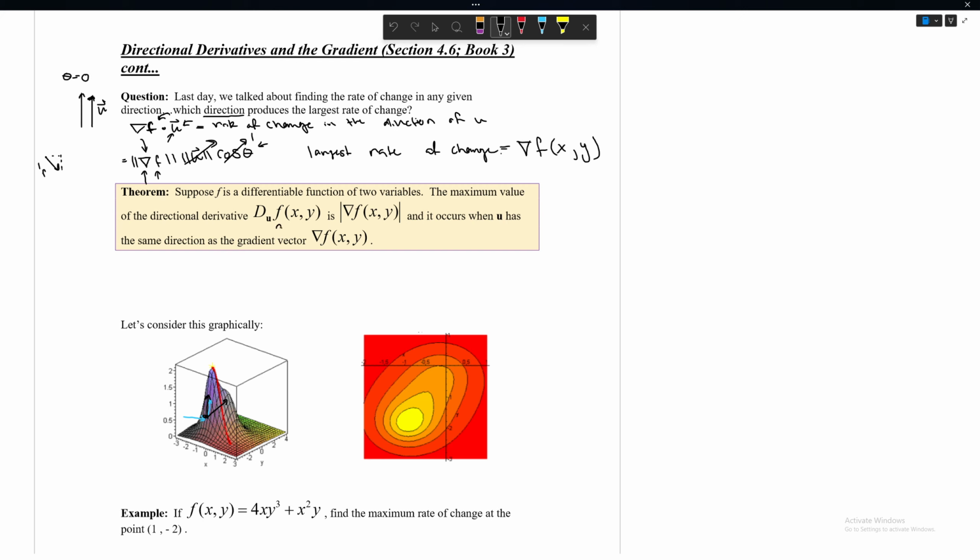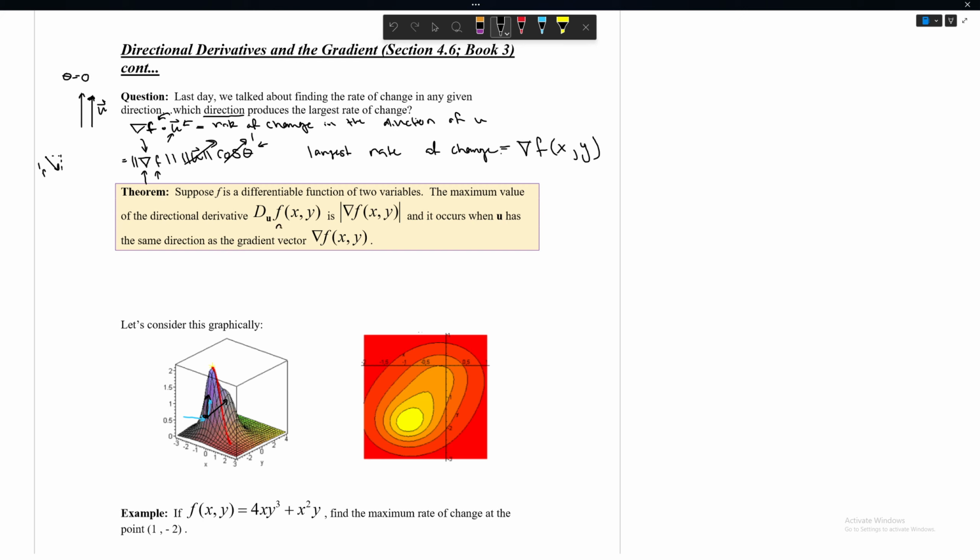If I had a mountain, and imagine I am looking at the mountain from the top, these are different elevations. Each circle is the same height, like 1.2, and then the second circle is 1.3.